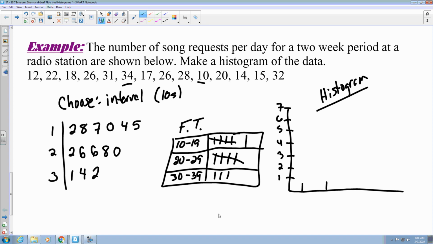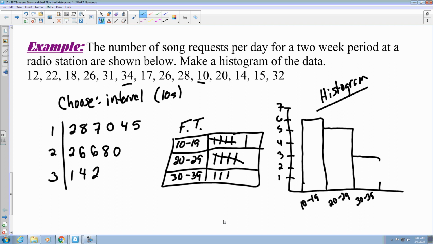This comes from 10 to 19. Over here goes from 20 to 29. And over here goes from 30 to 39. So I go up to 6, come up to 6, make my graph, bring it down. No spaces in between. I got 5, so 5's here. Bring it down, and I have 3 here, so bring it down.